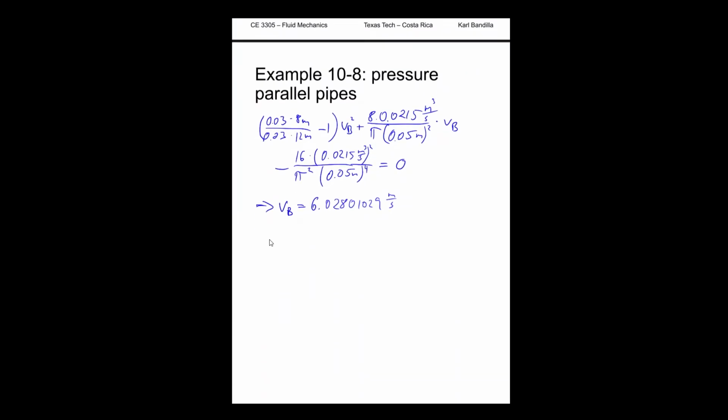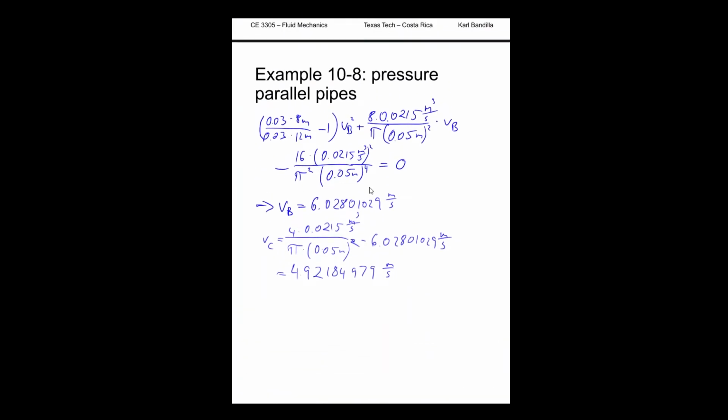So we can say that means VC is then 4 times Q, so 0.0215 cubic meters per second, divided by pi times DC squared, 0.05 meters squared, minus our VB, so 6.0280109 meters per second, which is equal to 4.9218497 meters per second.